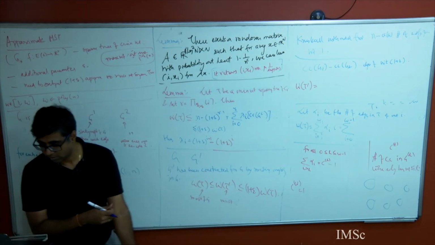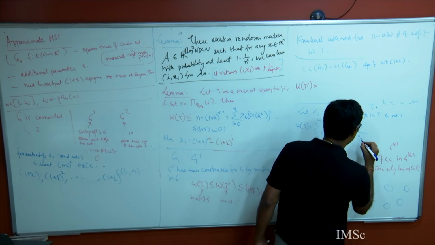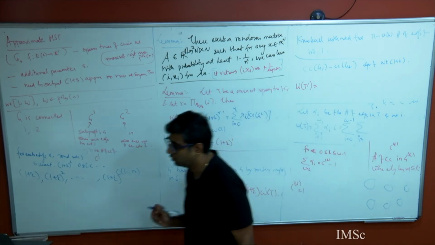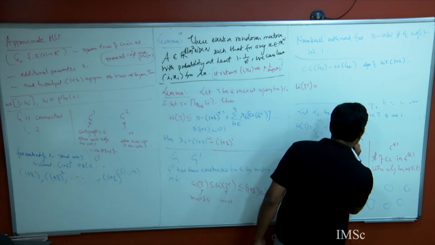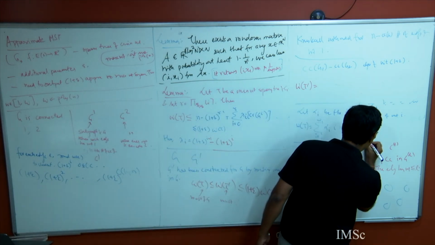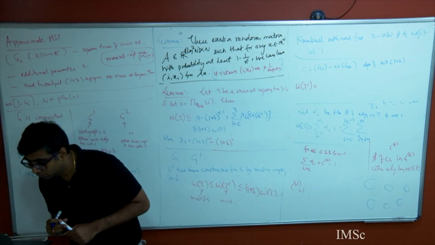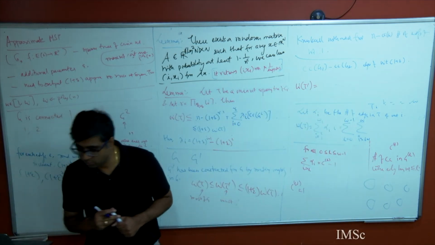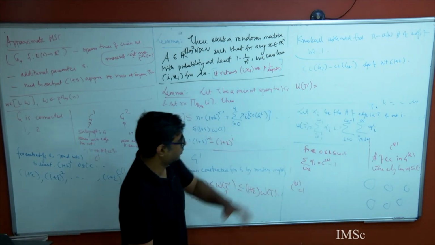The summation, L equal to 0 to W, of the summation i equal to L plus 1 to W of alpha i. I want to write it like this.